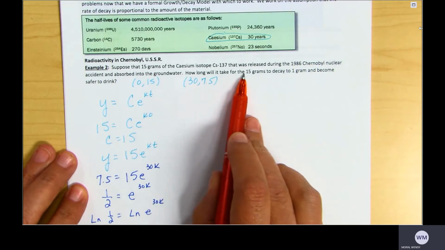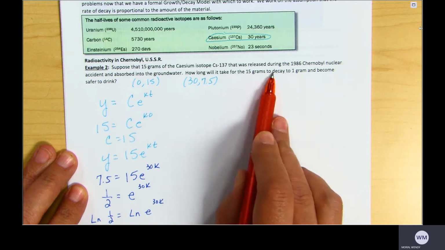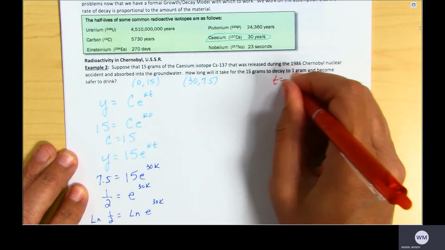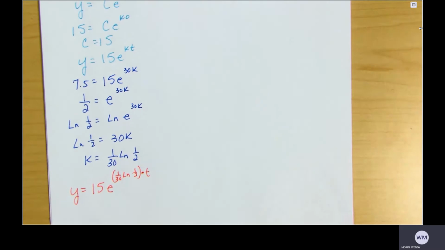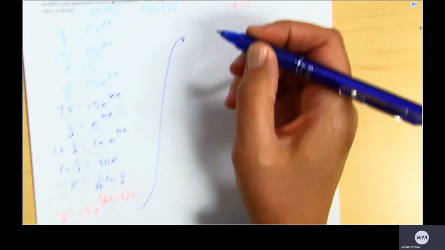Okay, so then, how long will it take for the 15 grams that we started with to decay to 1 gram? How long will it take? They're asking us to solve for t. So I'm going to take this equation, I'm going to write it up here.